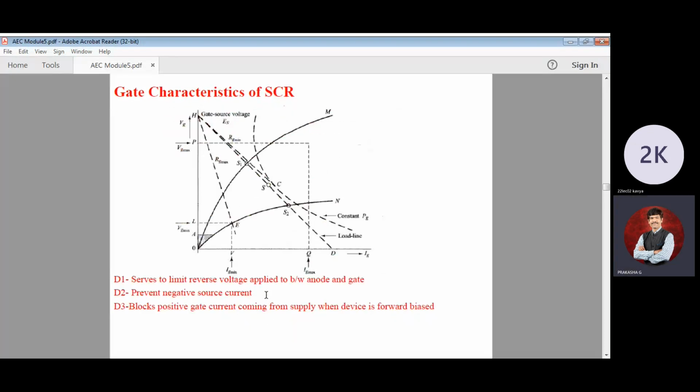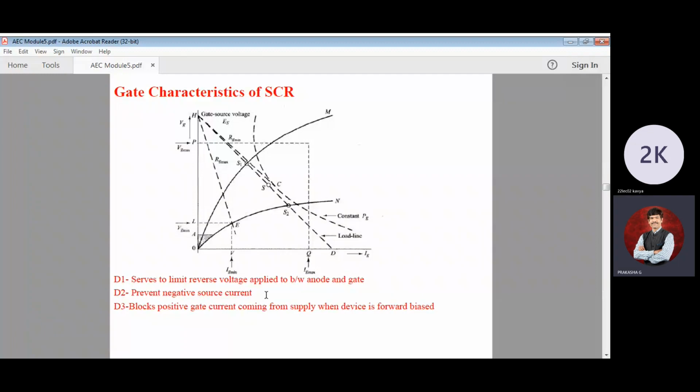So the graph is very important for gate characteristics. Let us see how exactly it's going to work. See, only the slide is okay, but if you know step by step, then it will be easy for you to write the gate characteristics. As I said, gate characteristics is measured with respect to Ig versus Vg.